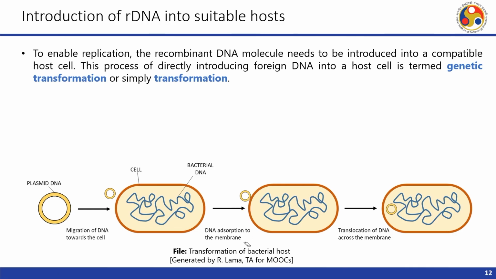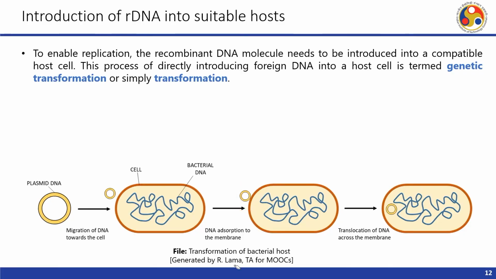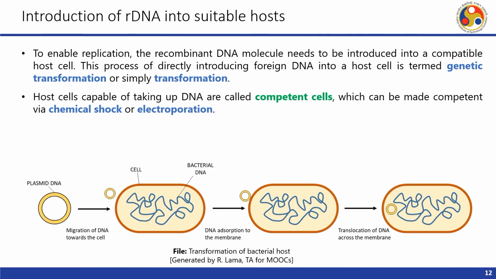Many times this is difficult, so we have to create the conditions for plasmid DNA to enter this host cell. Host cells capable of taking up the DNA are called competent cells.